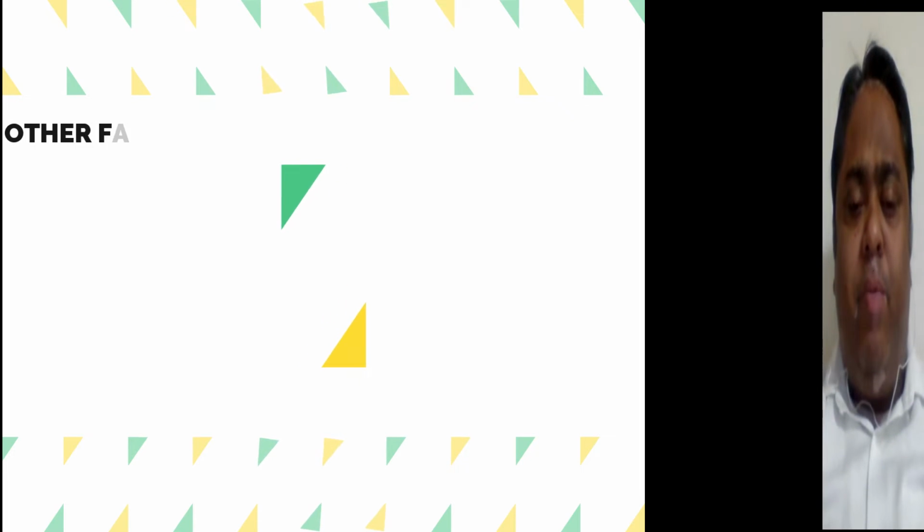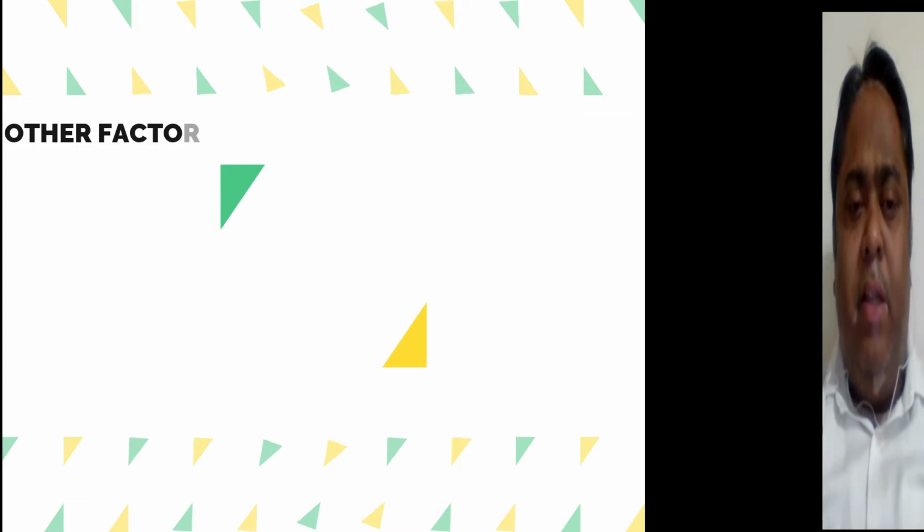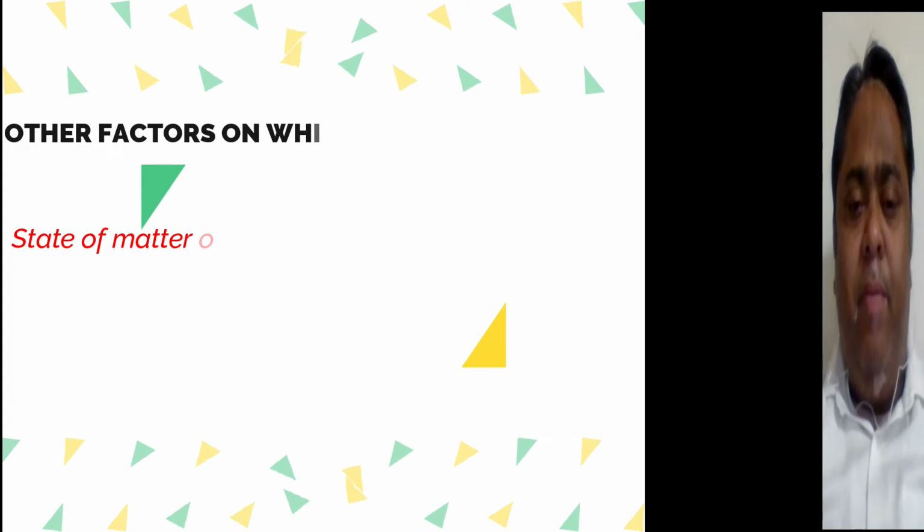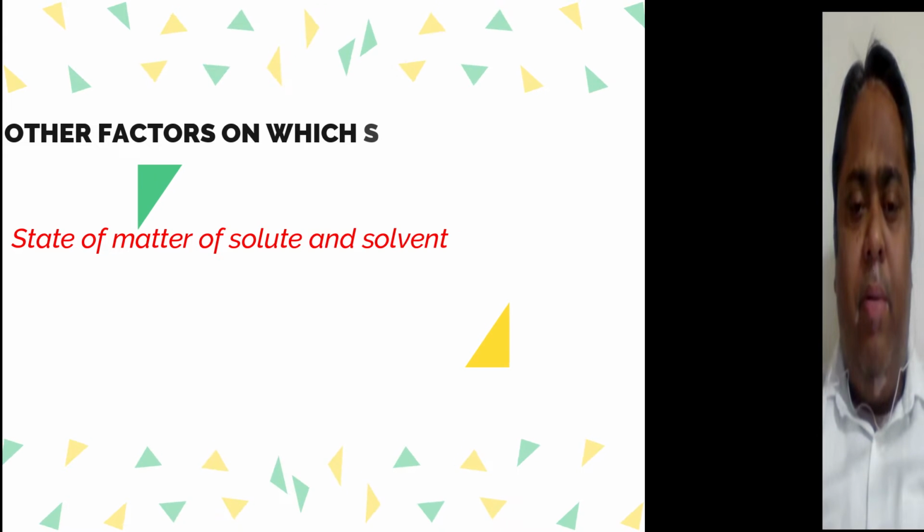There are various factors on which the solubility of a solute depends. The solubility of a solute depends upon the state of matter of solute and solvent. If the state of matter of the solute is such that it does not have escaping tendency, then it will be easily soluble.